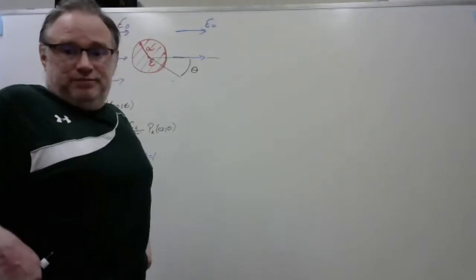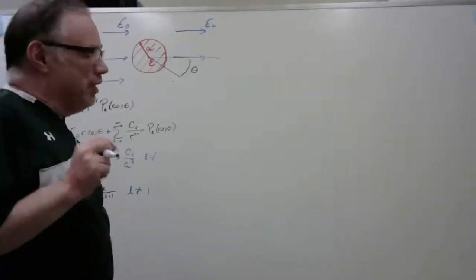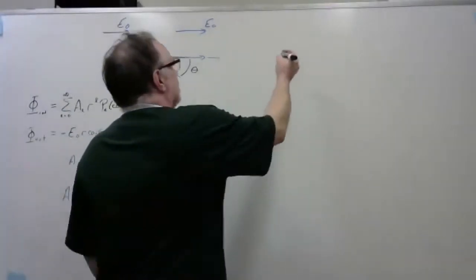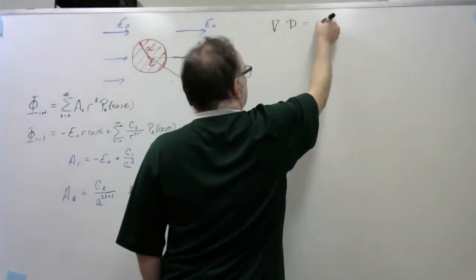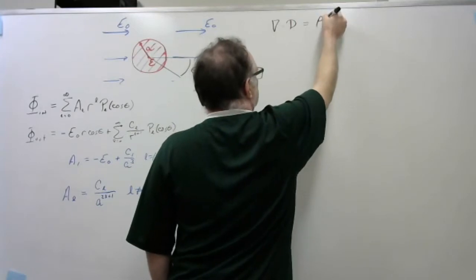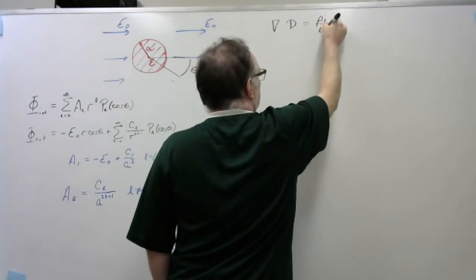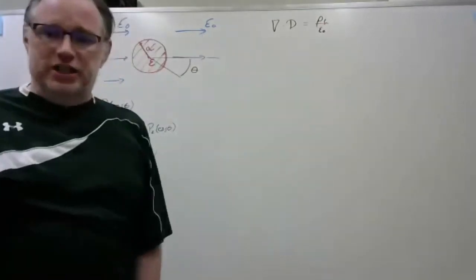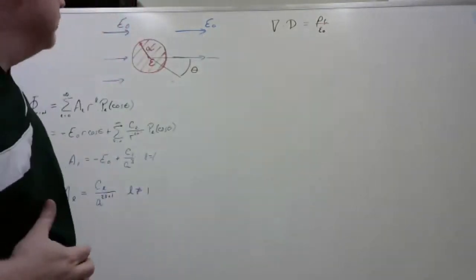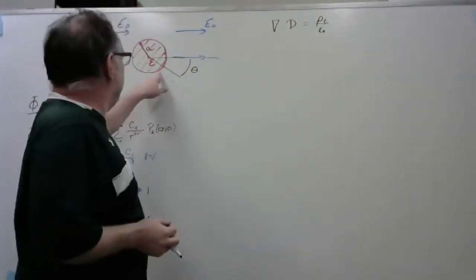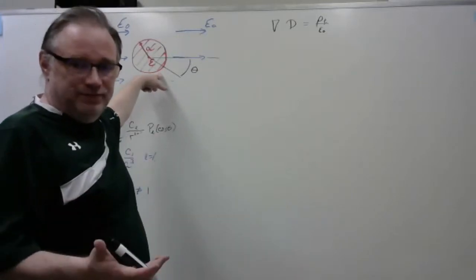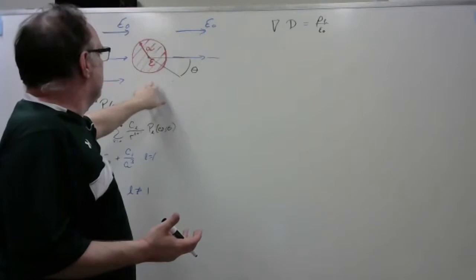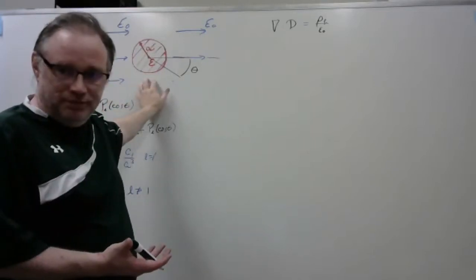So we don't know what happens. Well, remember that we always know about the divergence of the D field. The del dot D, no matter what, is just equal to the free charge. Free charge is charge that's not bound to anything. Any charges here are going to be bound to that dielectric, so they're not free. So we know in this region that the free charge is 0.